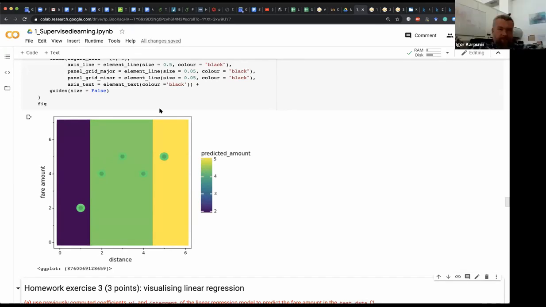Well, it says that actually for distances up to 1 kilometer, one algorithm or one split per amount output for distances from 1.5 kilometers till 4.5 kilometers.